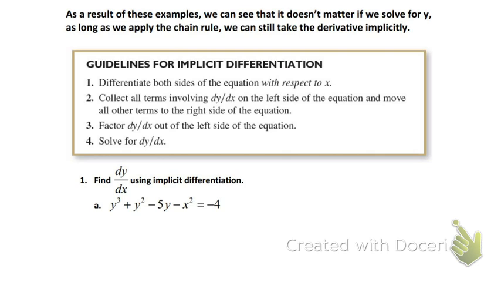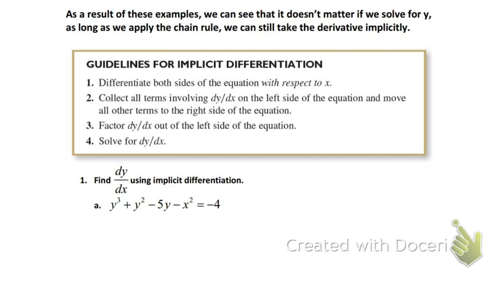And then I want to get all my dy dx's, or y primes, on the left side, everything else on the right side. Then I'm going to factor out what I need to factor out so I can isolate y prime, or isolate dy dx. And then I will pretty much have it at that point.